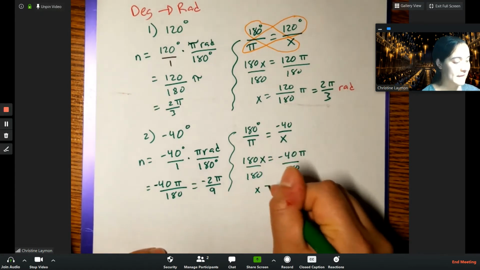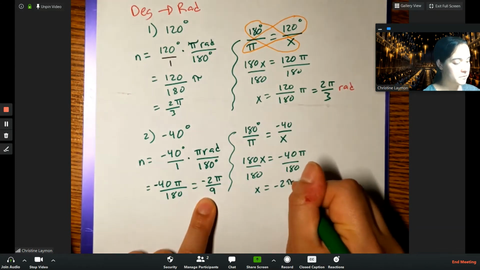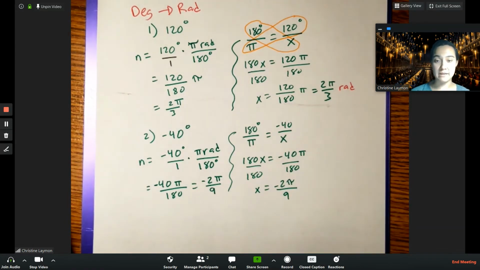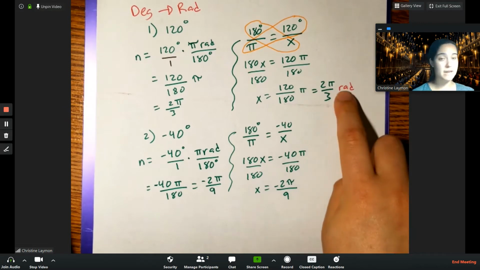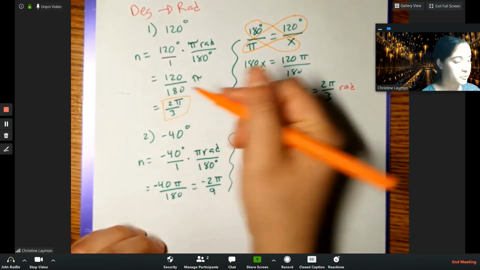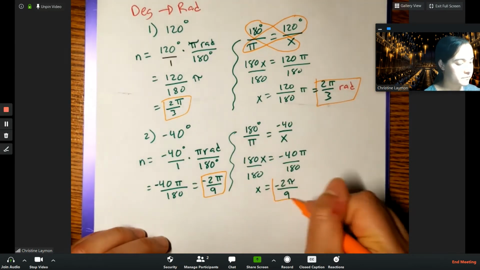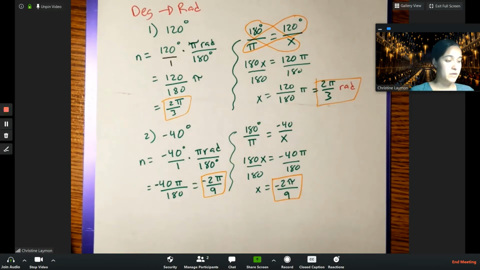And like we had last time, this simplifies to negative 2 pi over 9, whether you write the word radian or not. I'm going to go ahead and go through now and box my answers. 2 pi over 3, negative 2 pi over 9. So again, what I've shown there is going from degrees to radians.